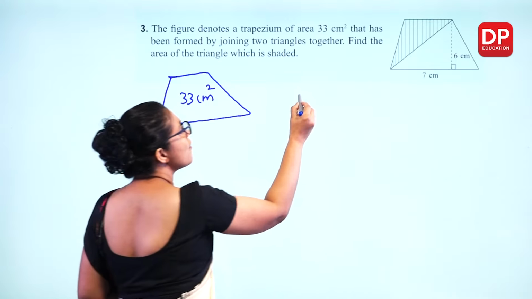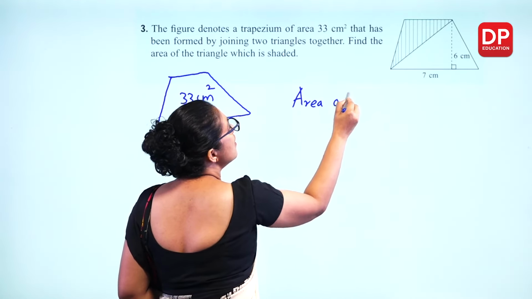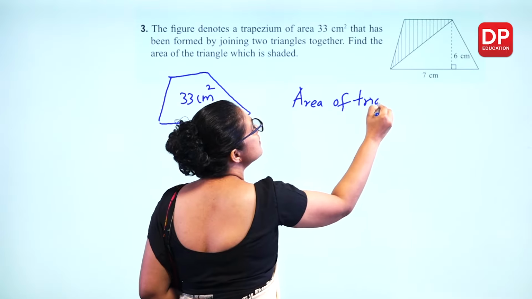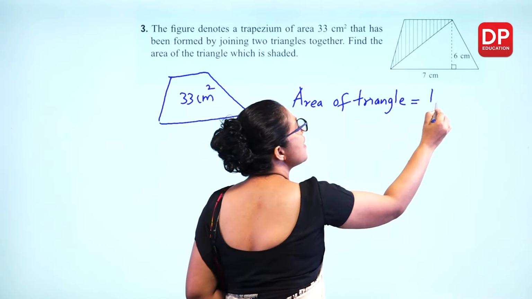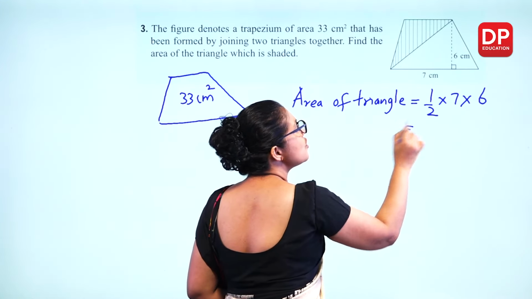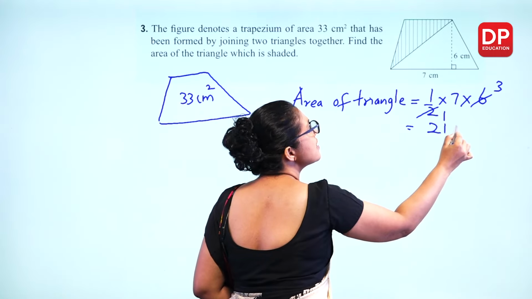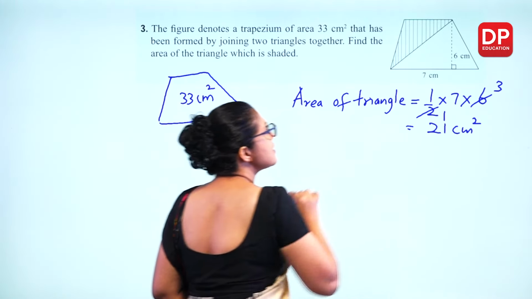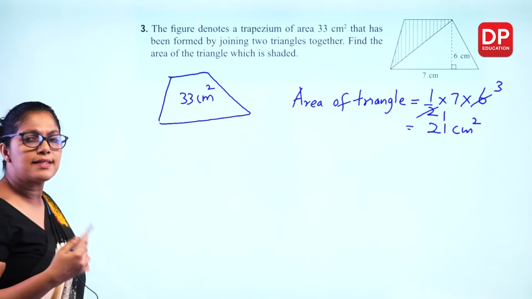So what's the area of the triangle? Area of triangle, you can find out half times base length into perpendicular height. So when you simplify, you get 3 times 7, 21 square centimeters. And you know the trapezium area is 33.